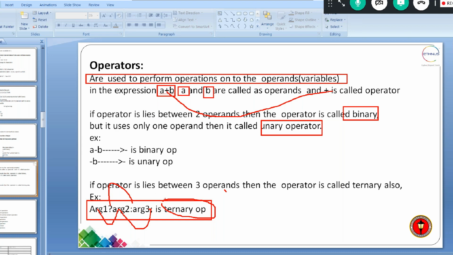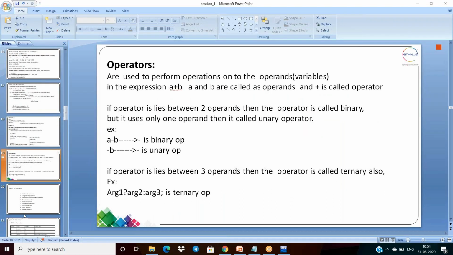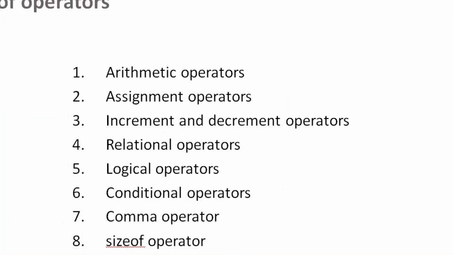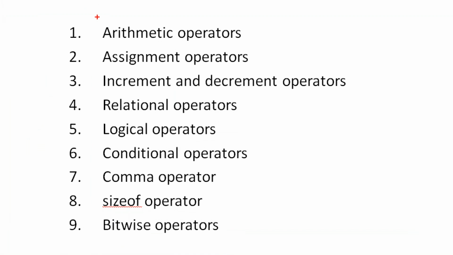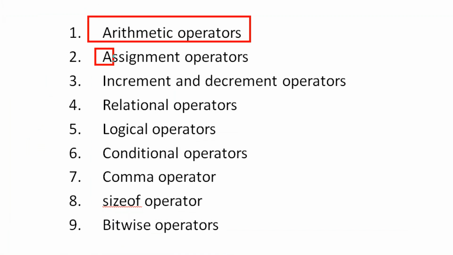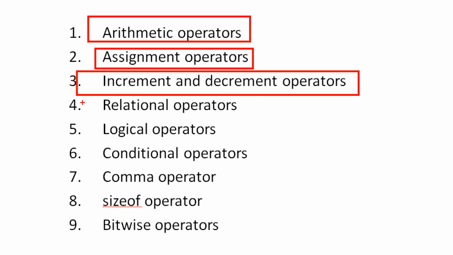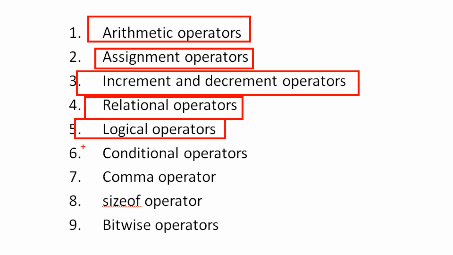So let us see what types of operators are available in C. First one is arithmetic operators. Second is assignment operators, and then increment and decrement operators, relational operators, logical, and conditional operators.